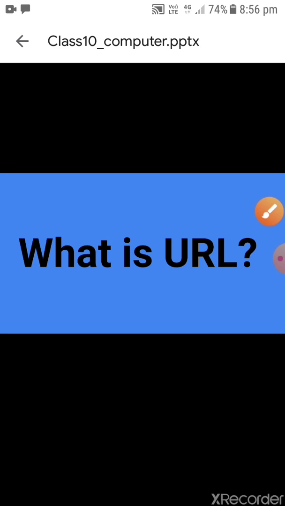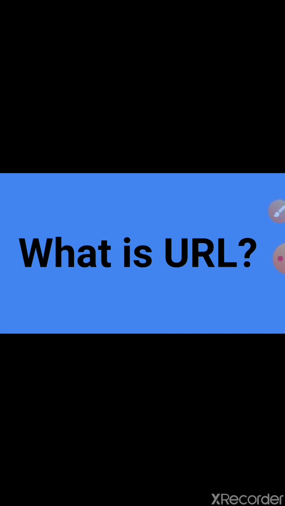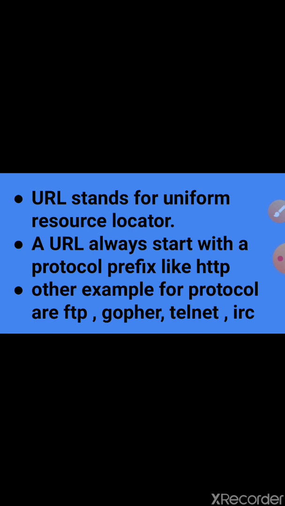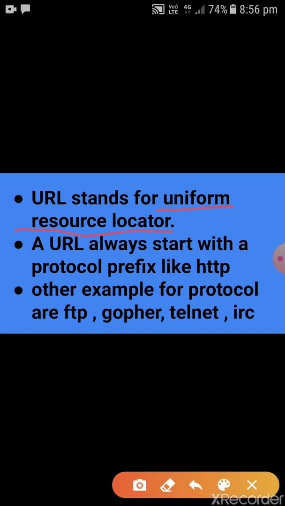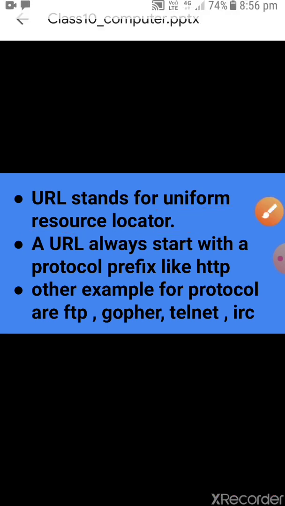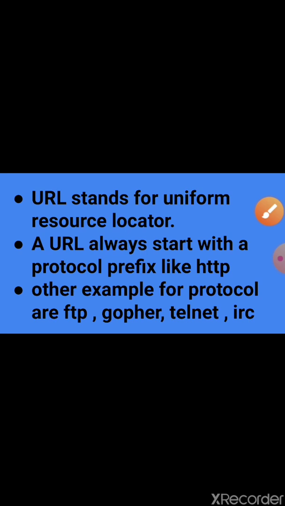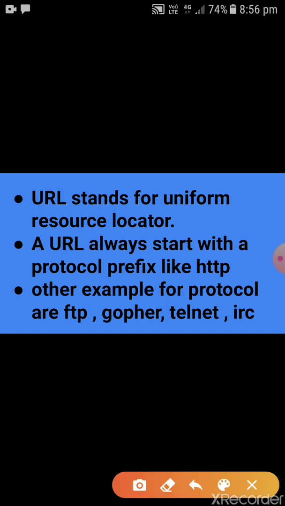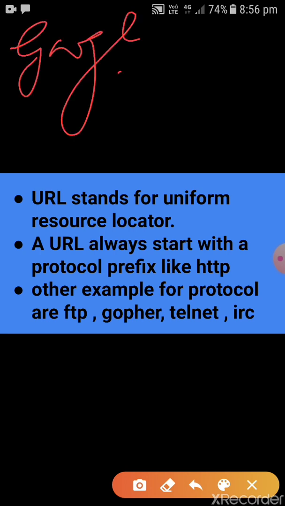Now we are going to talk about URL. What is a URL exactly? URL stands for Uniform Resource Locator. A URL always starts with a protocol prefix like HTTP. Children, let's take one example here. If you want to search something, what do you do with the help of a web browser like Google Chrome?